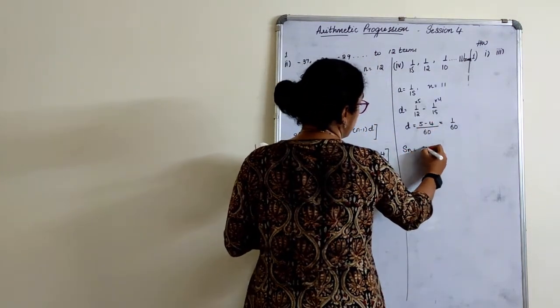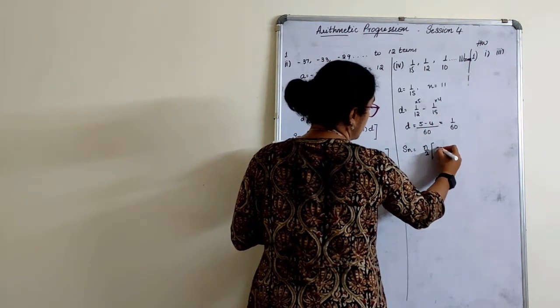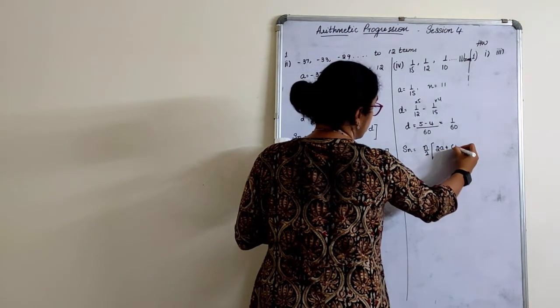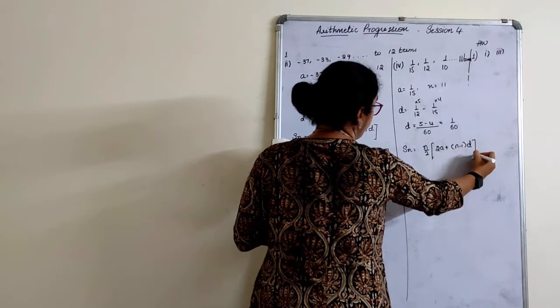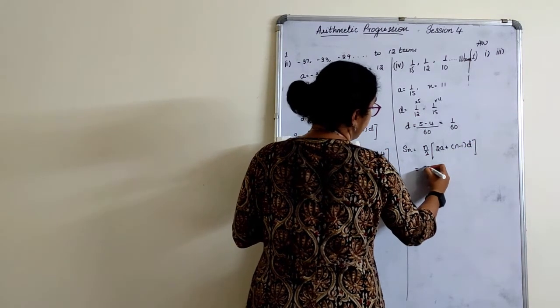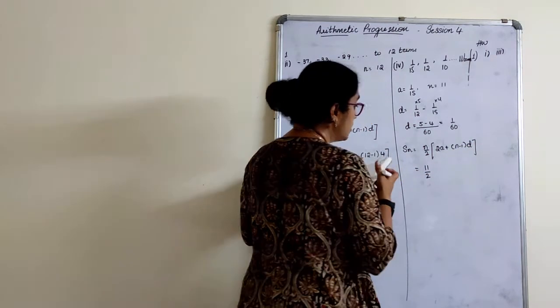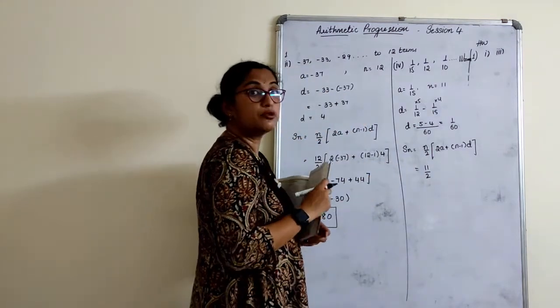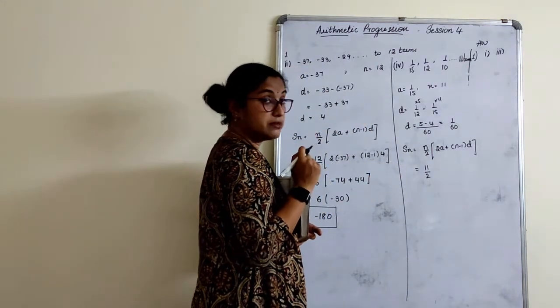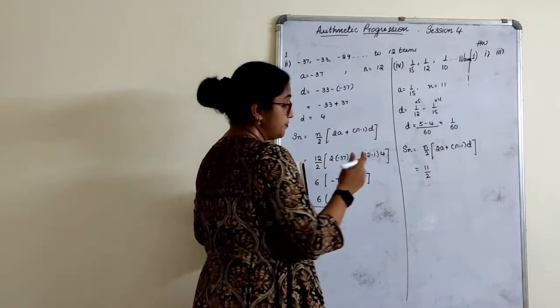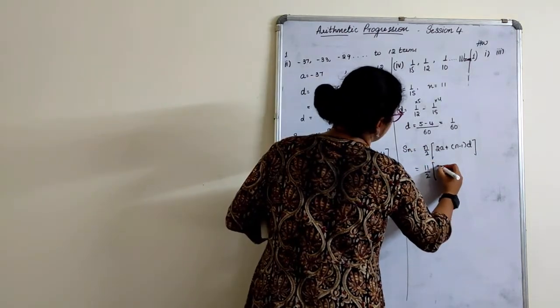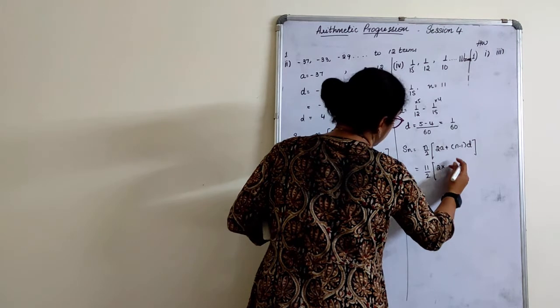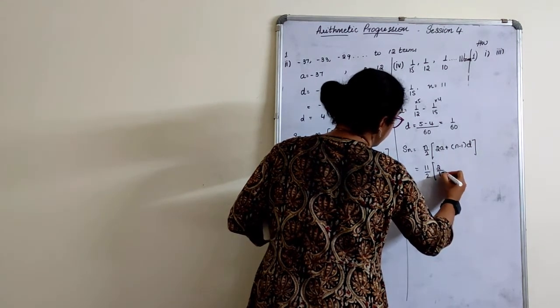Formula S_n is equal to n by 2, 2a plus (n minus 1) d. n is 11, so 11 by 2. Do not immediately come to the conclusion and make it a decimal. Always try to keep it in fraction. 2a, a is what? 2 by 15 I'll write.